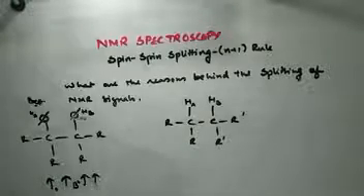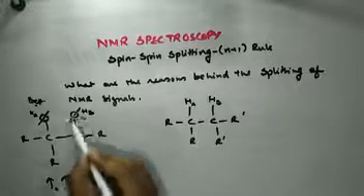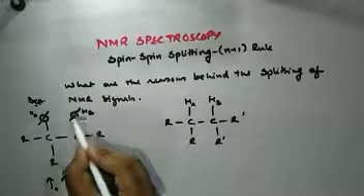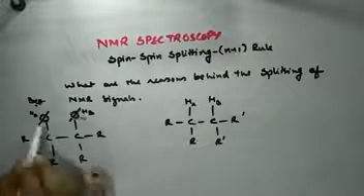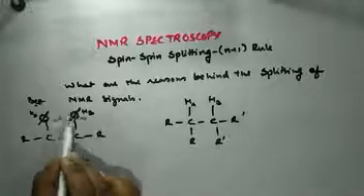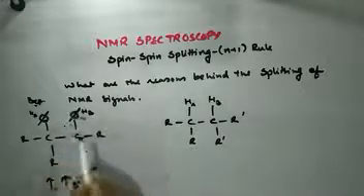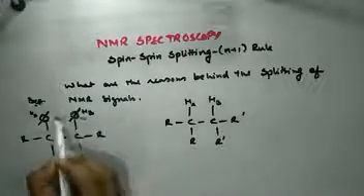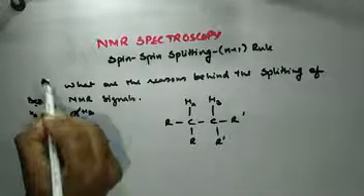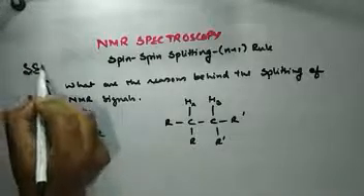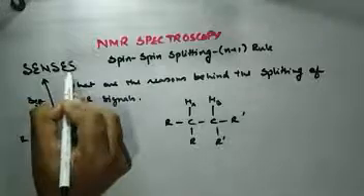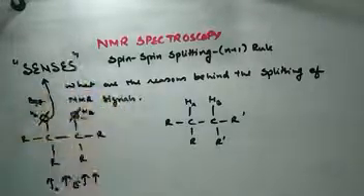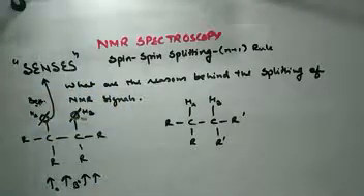Now what happens is, whenever there is some NMR active nucleus nearby or adjacent, this nucleus senses the adjacent magnetic field.